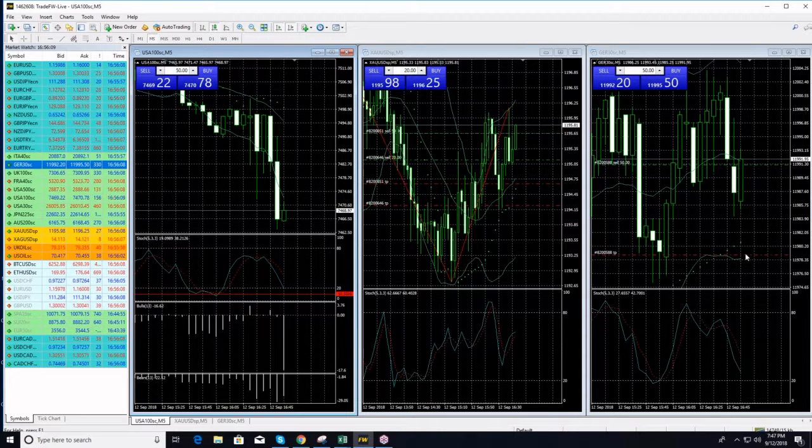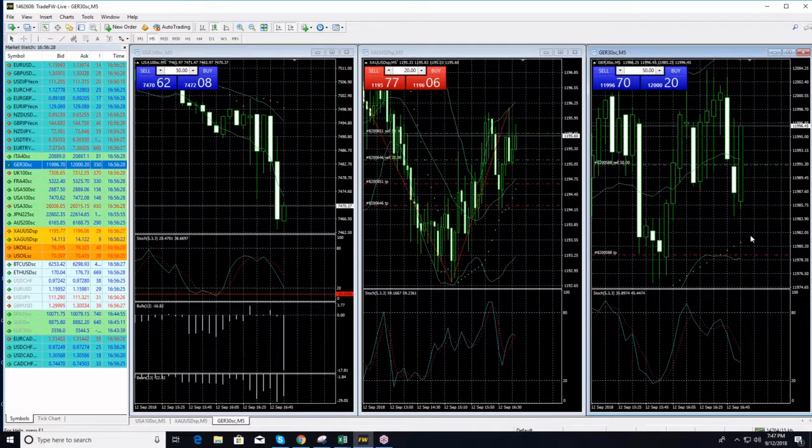Okay, guys, let this run. So we have 2 positions open on gold and 1 position on DAX. Let's put the DAX take profit a bit higher. DAX has quite strong movements today, it will get to the point and hit our take profit.